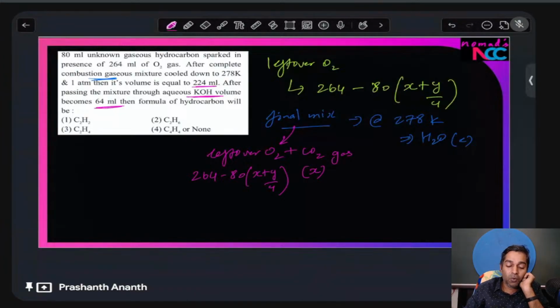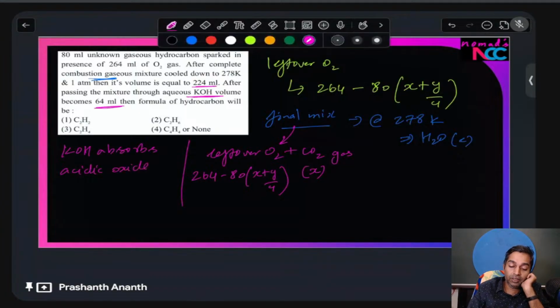Why? Because what is going to be left over after passing through KOH? KOH absorbs acidic oxide. What is the acidic oxide among the leftover? In this leftover mixture, it absorbs carbon dioxide.